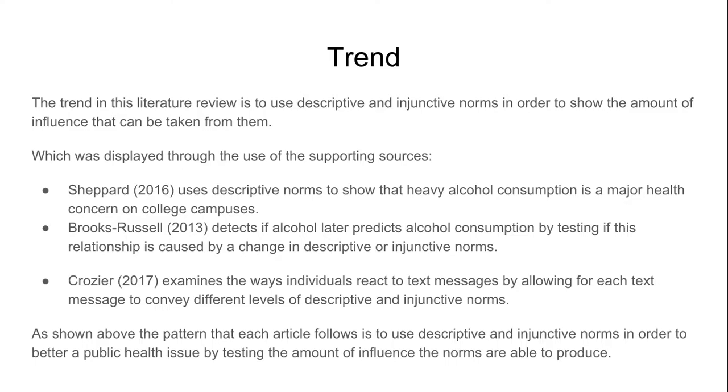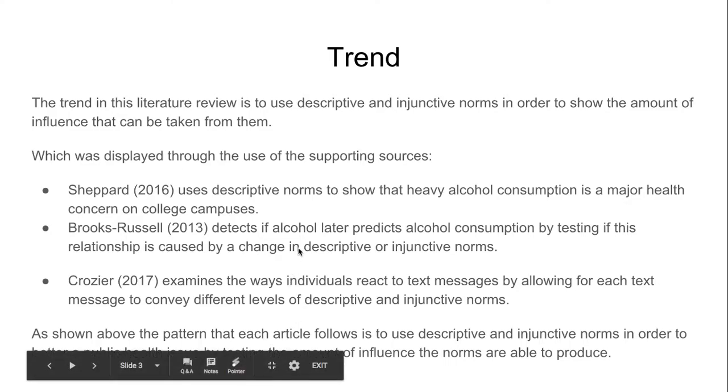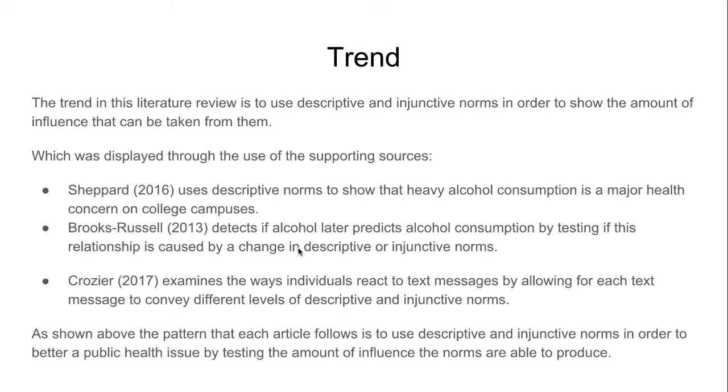So as you can see through these three articles and in my literature review, descriptive and injunctive norms do show a huge amount of influence, and that is a pattern that has been shown through research articles in order for it to be my trend.